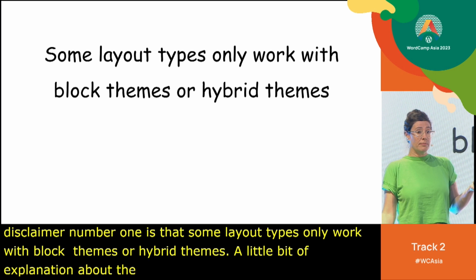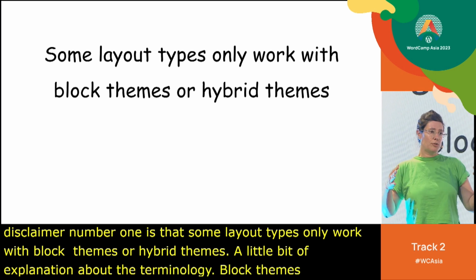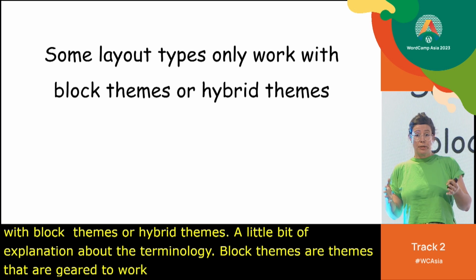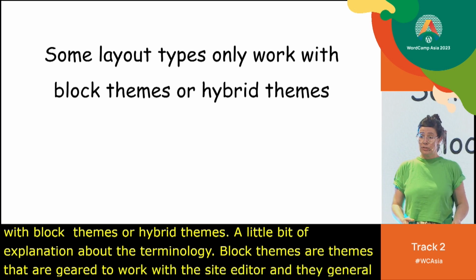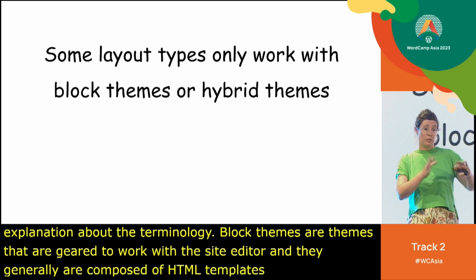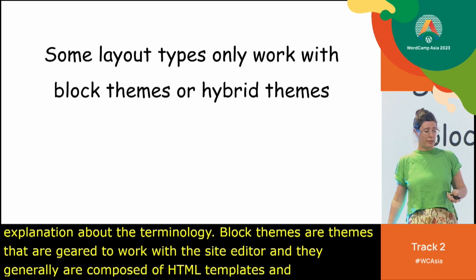Block themes are themes that are geared to work with the site editor, and they're generally composed of HTML templates and a theme.json file, which will give you all the style information for that theme.